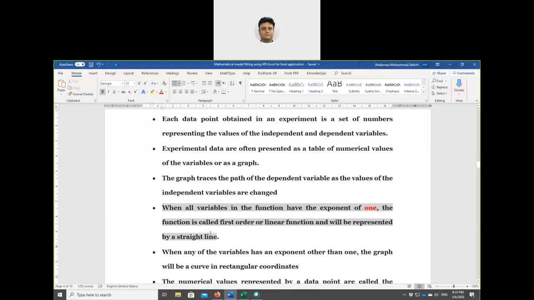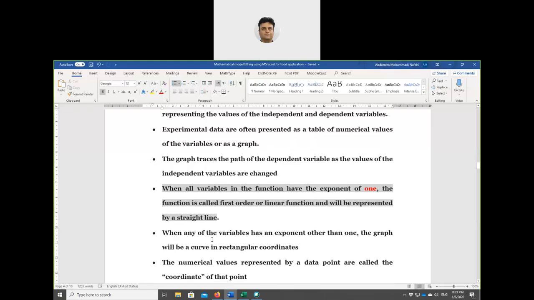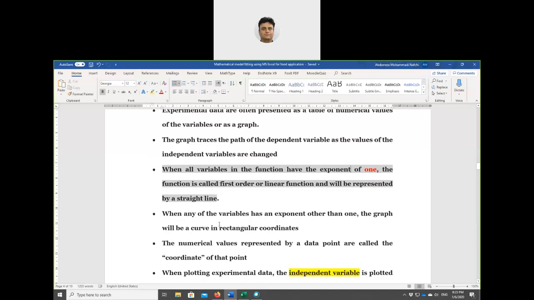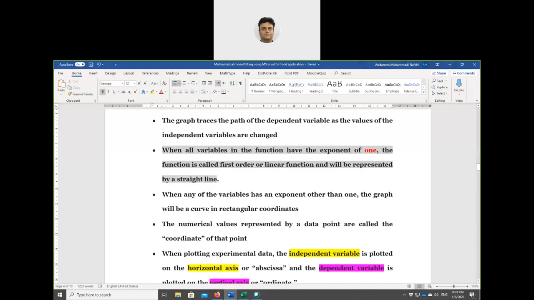When any of the variables has an exponent other than 1, the graph will be a curve in a rectangular or Cartesian coordinate system. So when the exponent is not 1, it is non-linear and has a curve shape.